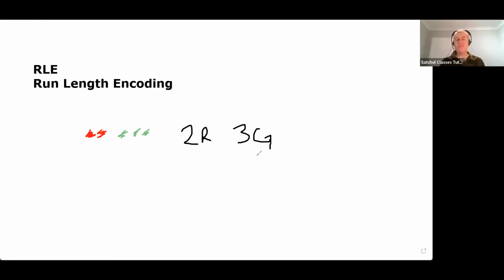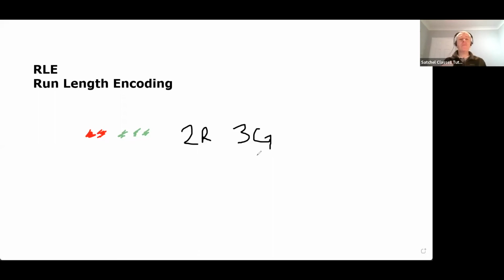But as we noticed, it's probably not the most effective way of compressing something down. But that's run length encoding, a nice simple form of compression that is lossless, if you remember, because we're able to get back to the original.